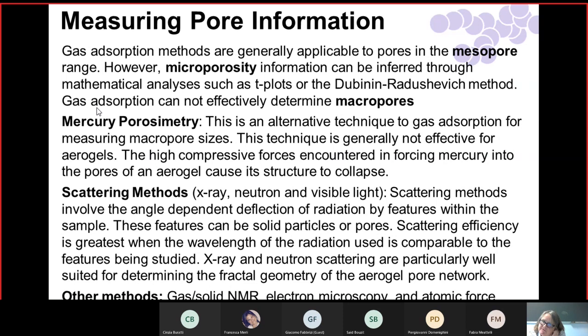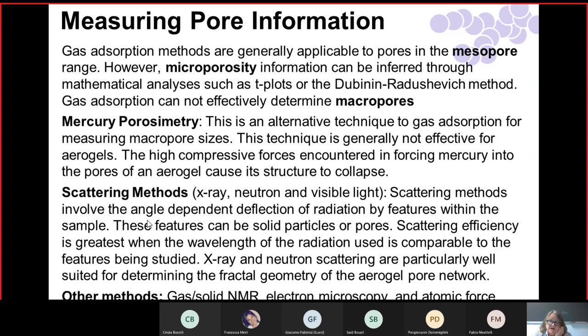So instead of having the gas adsorb, you use mercury, and mercury is capable of measuring the macropores, the large ones. But we can't use it for aerogels because they can't take the forces that are encountered. They'll just collapse. There are some other methods, small angle X-ray scattering. I don't use this, so I don't know much about it, but there are other techniques for estimating those.